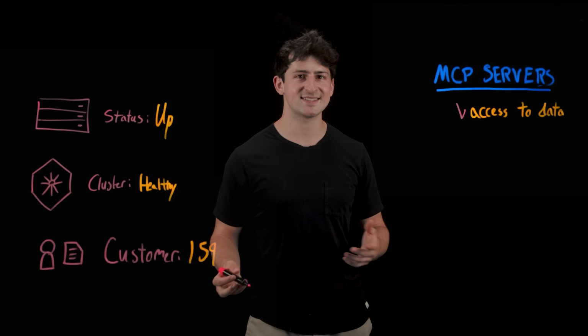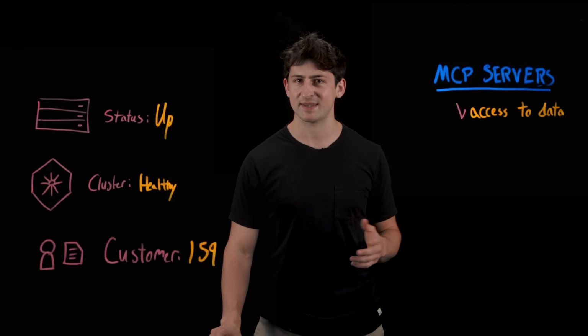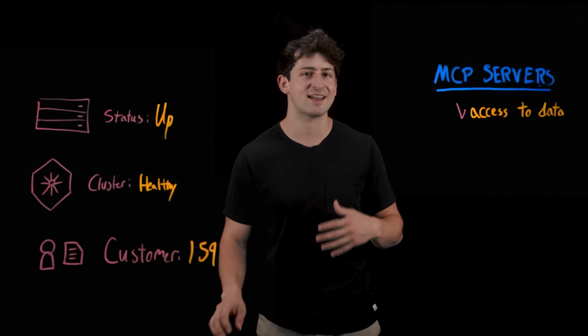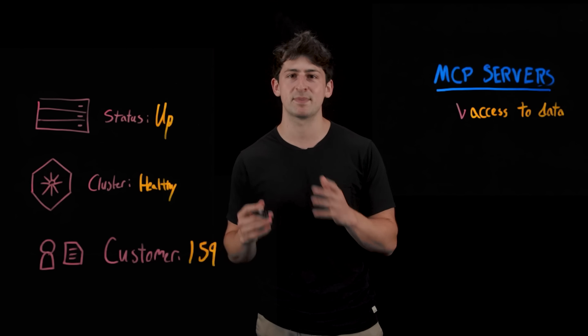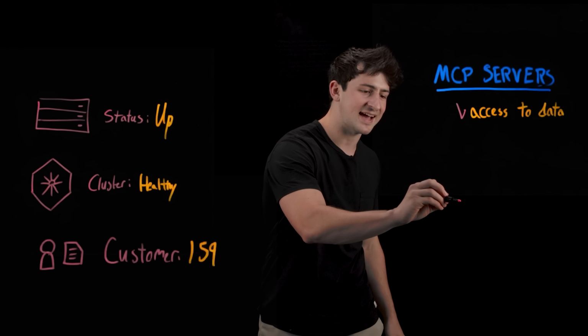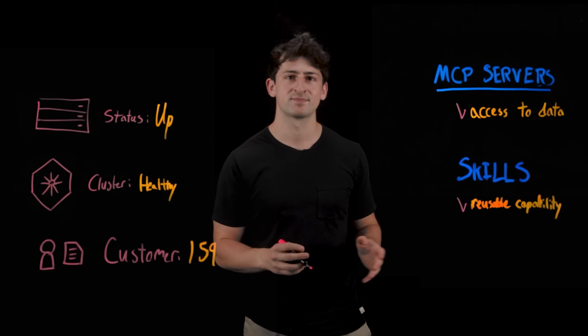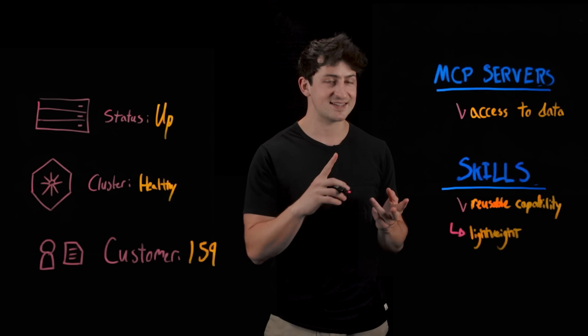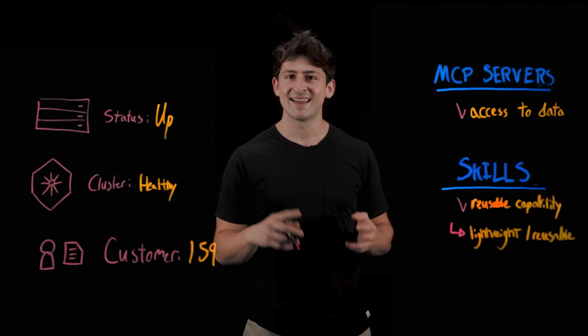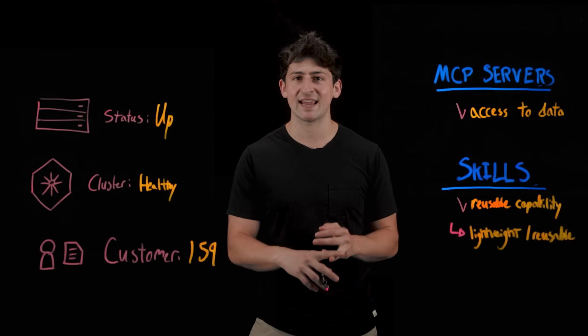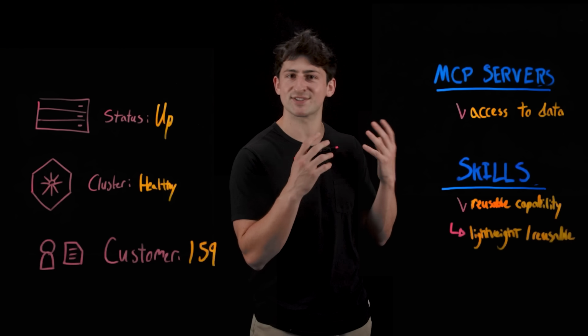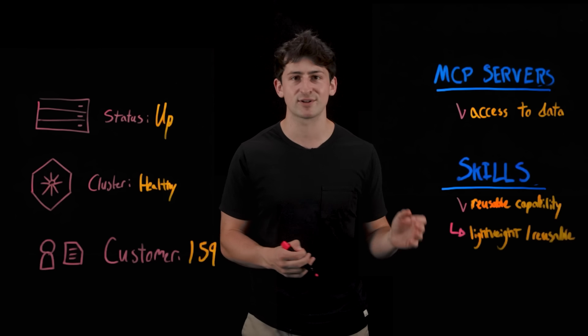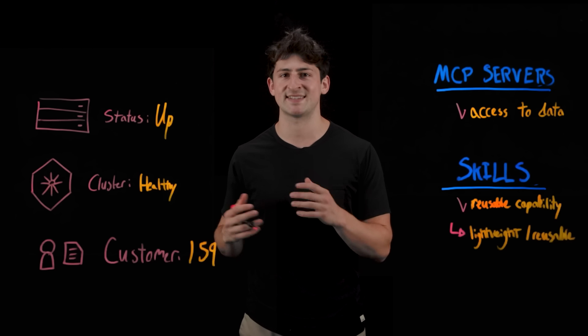But the thing is, setting up and configuring an MCP can be quite overkill if you just need to add a reusable and custom capability to your AI. And that's where skills shine, because they're lightweight, they teach your model how to do something. For example, fetch investment data and analyze it, or use scripts or examples that are also included in the skill to perform this task.